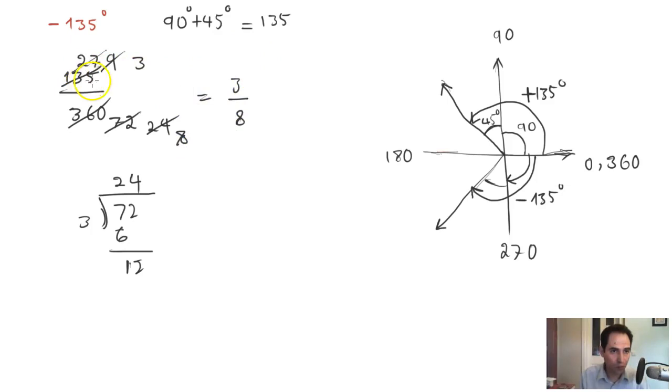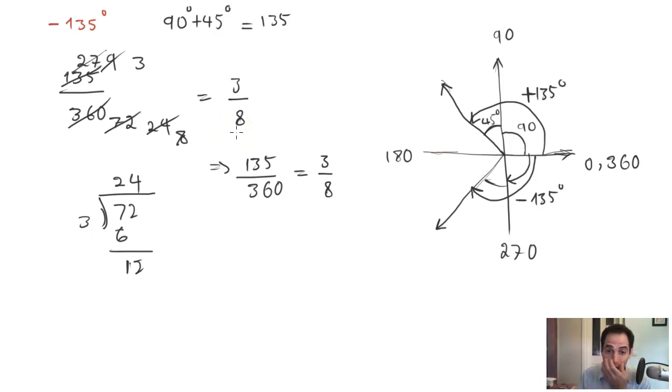So that basically means that 135 divided by 360 is equal to 3/8. So you have to move 3/8 of the way around here.